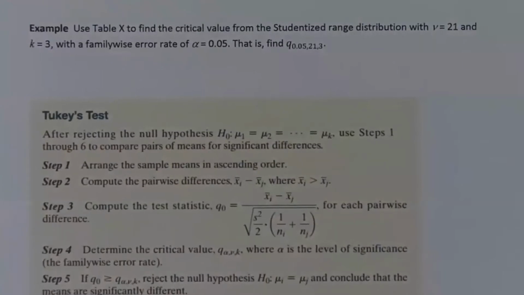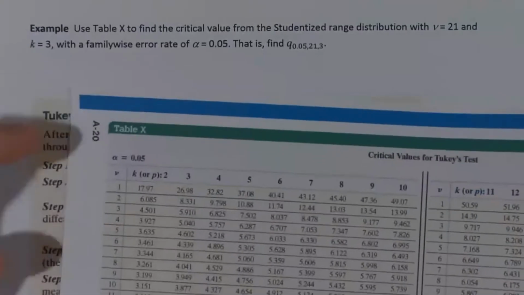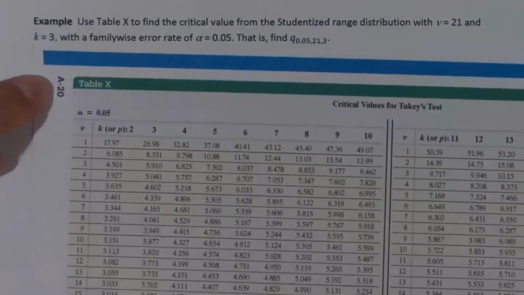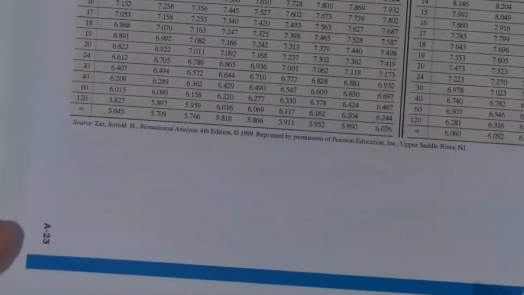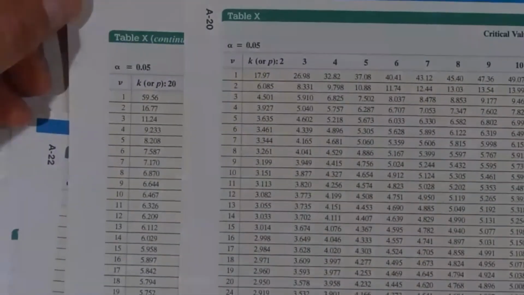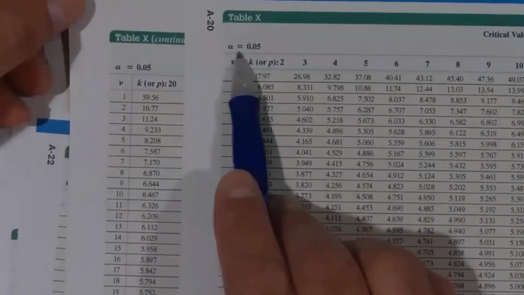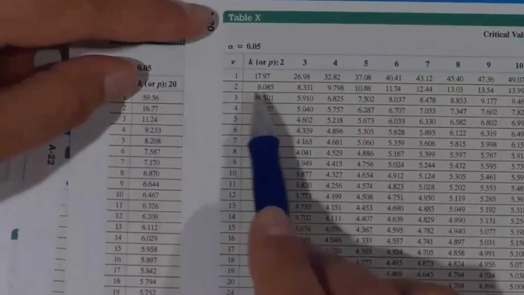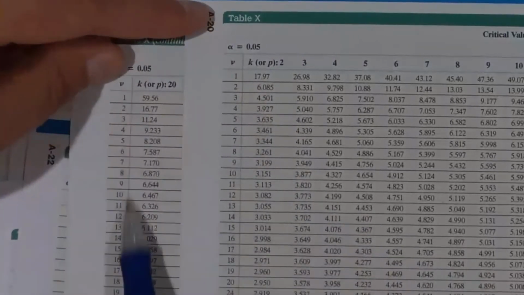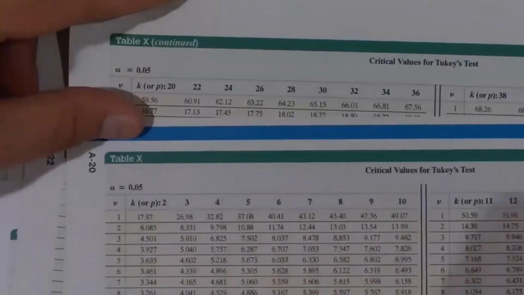So if you look in the appendix of the textbook, table 10 starts on page A20 and goes through page A23. Really, what we have here is two different tables. The first two pages have to do with a family-wise error rate or level of significance of alpha equals 0.05. We have different possible values for V, and then different possible values for K along the top.